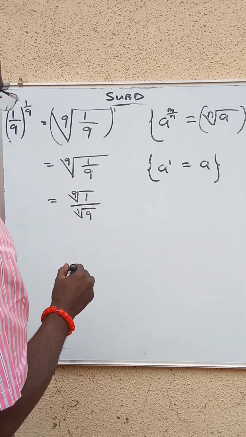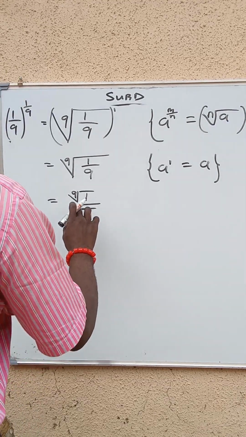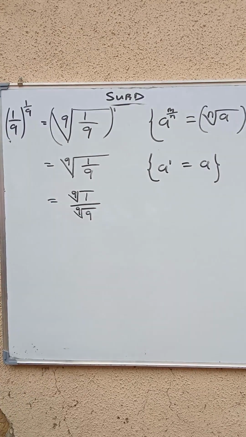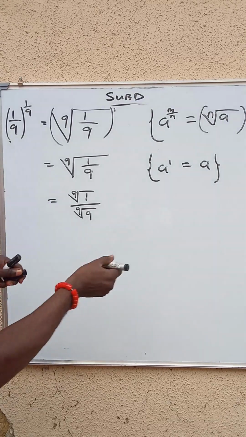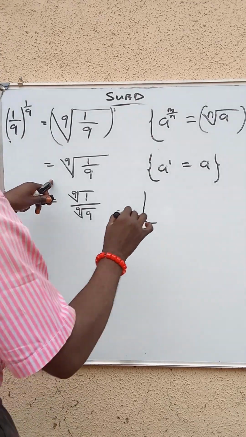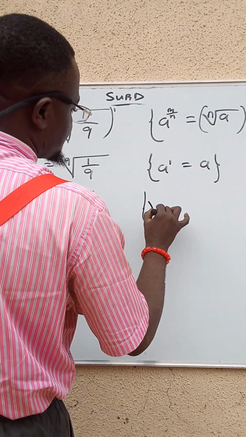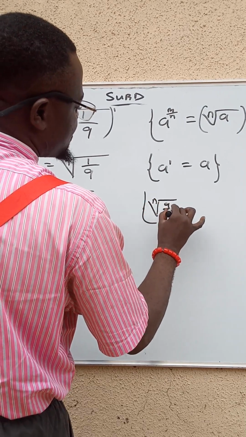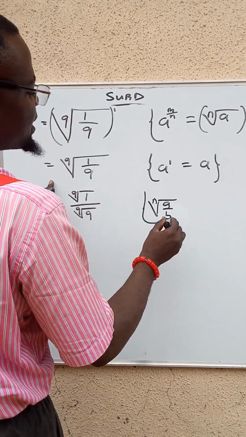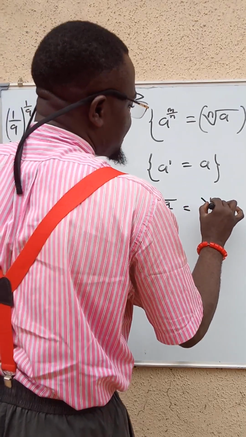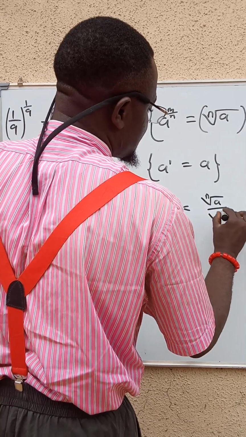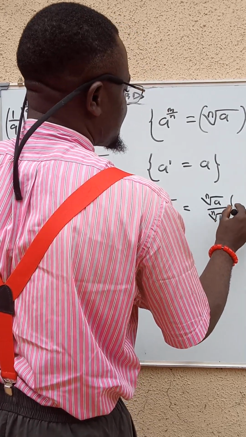Because we said that if I have anything like this, maybe the nth root of a over b, since I'm using n here, it will give me the nth root of a over the nth root of b.